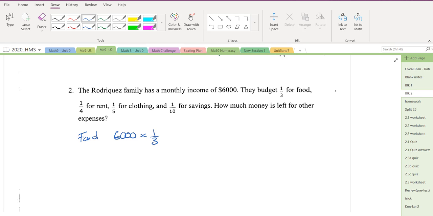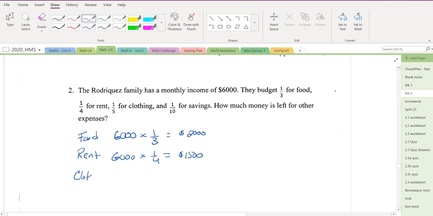So 6,000 divided by 3, 6 divided by 3 would be just 2,000. So they spent $2,000 on food, right? Then for rent, they spent 1/4. So 6,000 over 1/4. Now that one would be, yes? 1,500. Okay. Yeah, understood.